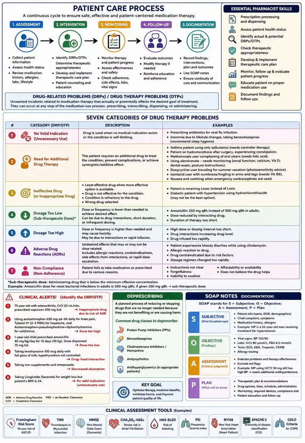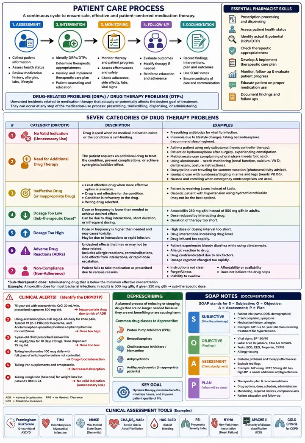Equally important is ensuring that patients clearly understand how to use their medications correctly, as proper usage directly influences treatment success. Finally, thorough documentation of all findings, interventions, and follow-ups is essential for maintaining continuity of care and effective communication among healthcare providers.